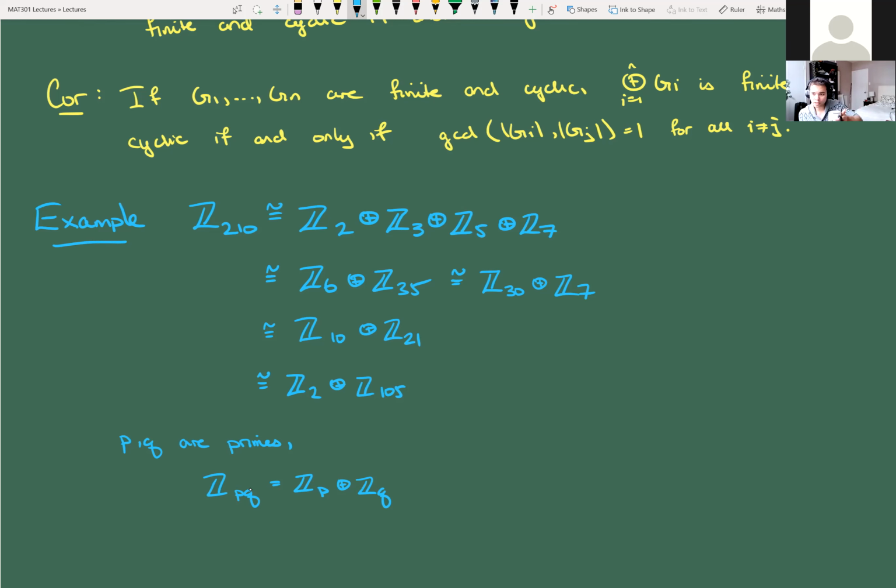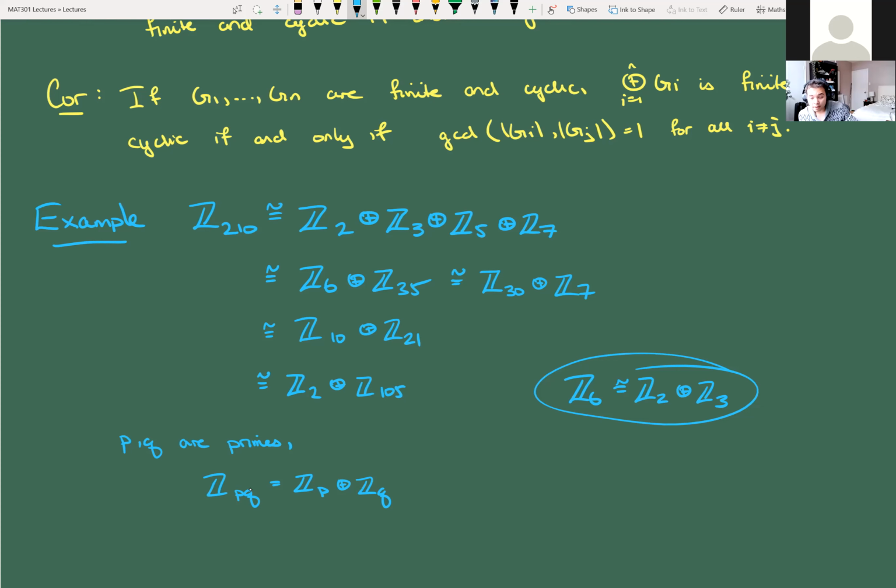So I would suggest that you go through those proofs quickly and reason to yourself why they work. And in particular, I think it's really worth explicitly doing that example, right?